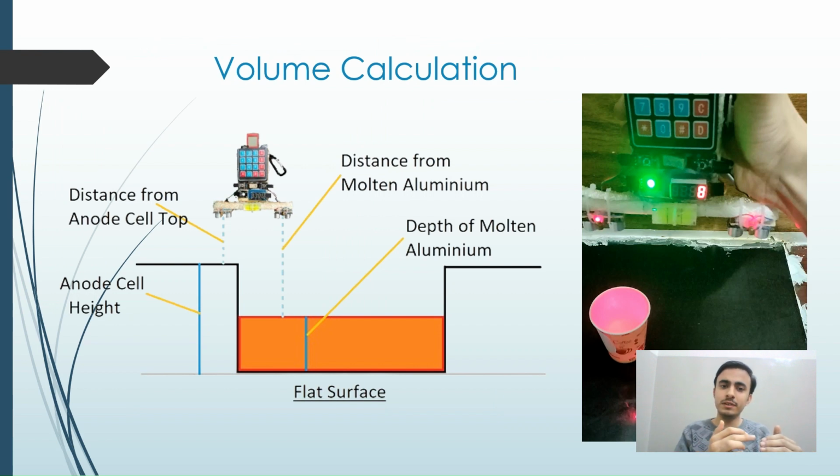And if the container has a fixed length and width, we can use it to calculate the volume of molten aluminium in that container contactlessly, instead of putting a long rod into the molten aluminium to get the height and then compare it with some scale.